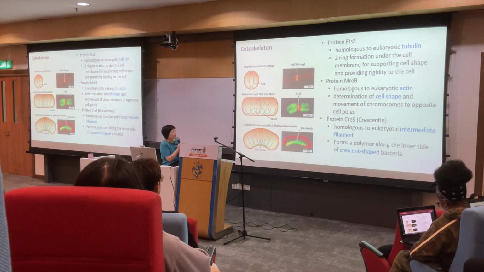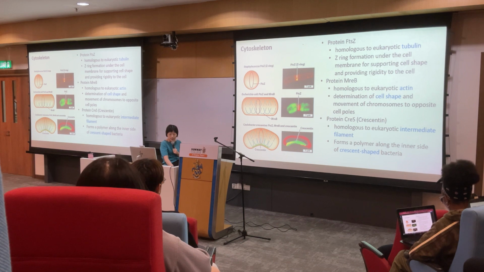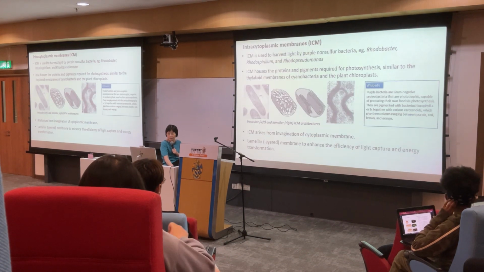So this side is sort of growing very slow, the cell wall. However, for this side, without the crescentin, they grow much faster. So because this side grow faster and this one grow very slow, eventually you have a bend in the shape of the cells. So you have crescent-shaped bacterials because of the presence of the crescentin protein. All right. So these are the basic cytoskeleton which involve greatly in the cell divisions.